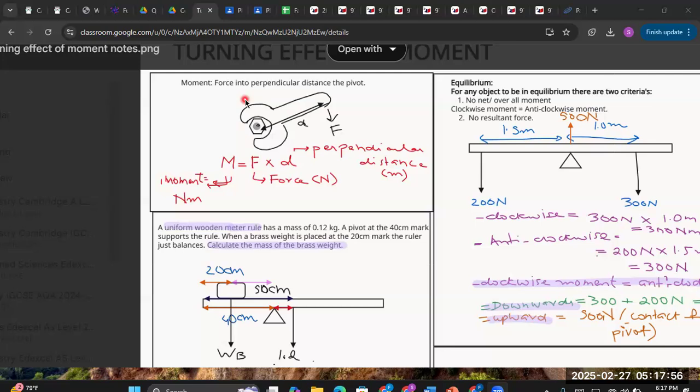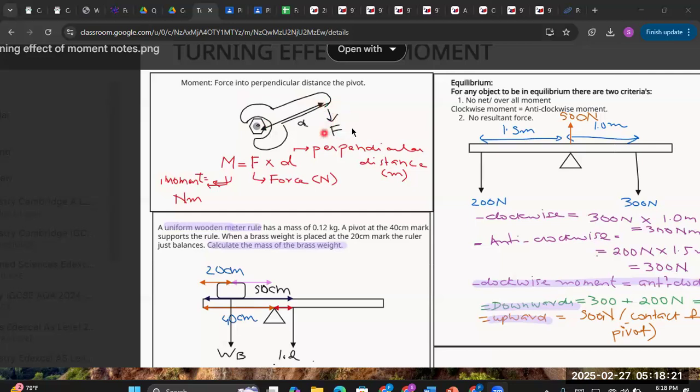Same concept applies if you are unscrewing a nut or opening a bolt. If you try to do it with your hand, the rotational force that you need is really, really high. But if you use a wrench, what will happen? The force you need is lesser. That is because the distance from the pivot has increased.